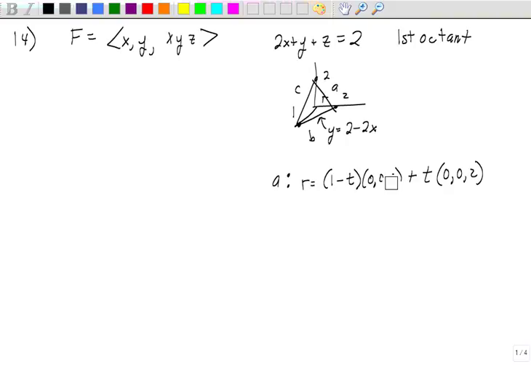Sorry, that's not the start point. The start point is 0, 2, 0. So that's going to be 0, 2 minus 2t, and 2t.